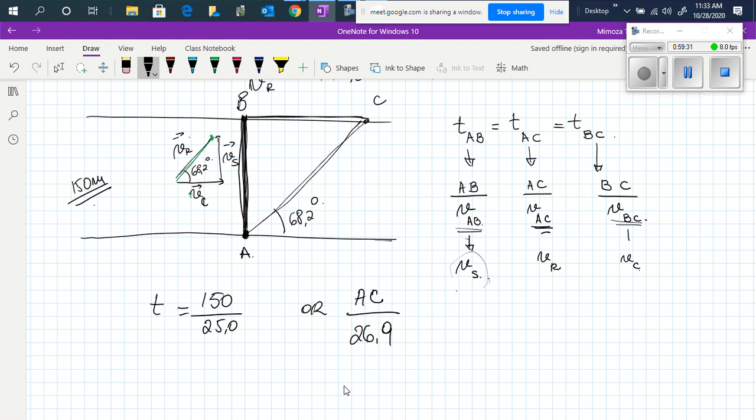26.9 meters per second. Or if you want to figure out what is the time that is going downstream, then you will use the distance BC over the velocity of the current that is 10 meters per second. So this is the same thing.